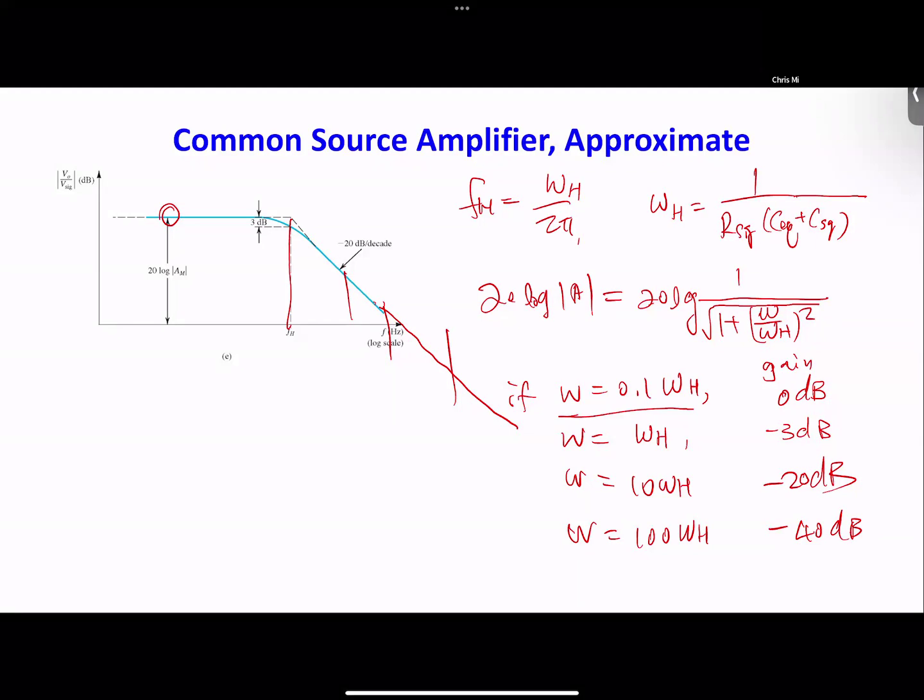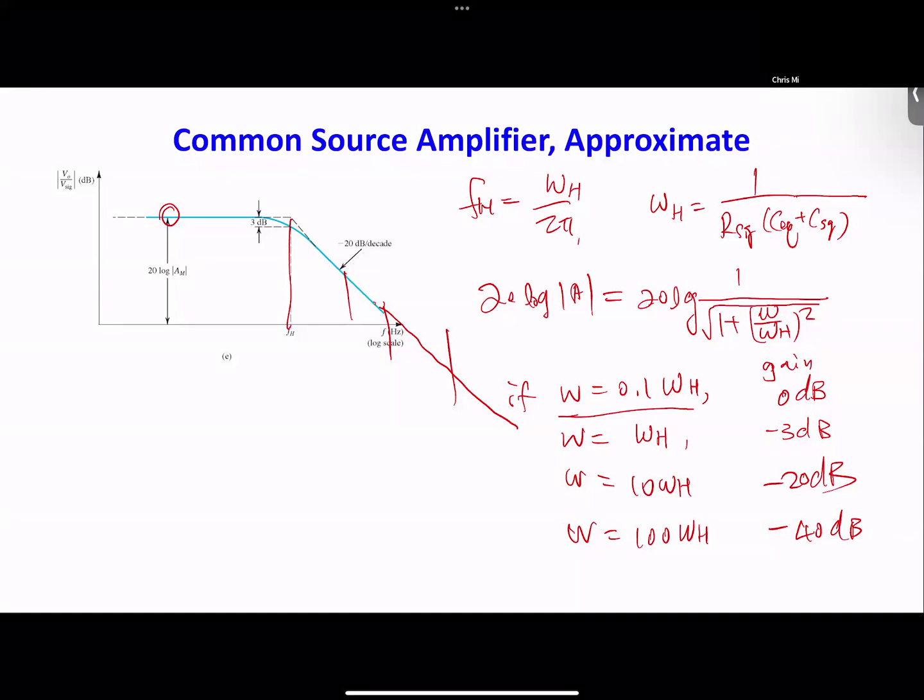Then we're going to look at common emitter and common source amplifiers to see why we got this 20 dB stuff. Hopefully you got a good handle on this, and should do well on the quiz. Any questions?